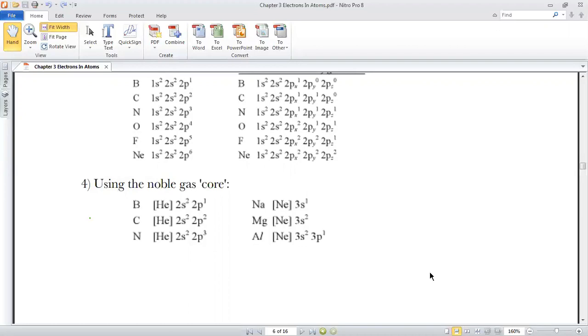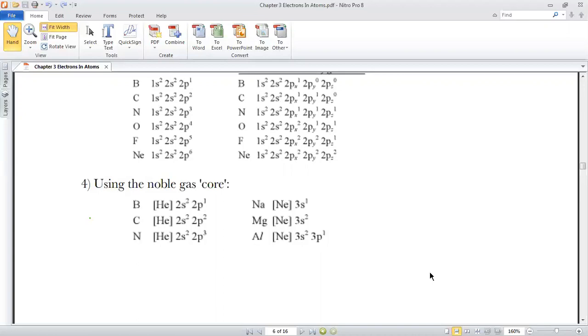But when we go to sodium, it has 11 electrons and its complete electronic configuration is 1s2, 2s2, 2p6, and then 3s1. So in order to simplify, we can use a noble gas core. The nearest noble gas to sodium is neon, and neon has 10 electrons. So when you write neon in square brackets, [Ne], it means that you have occupied 10 electrons.